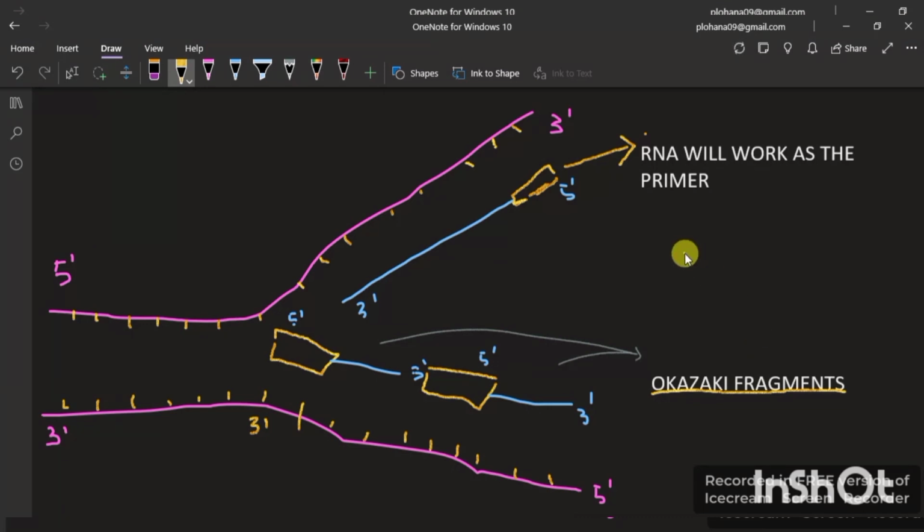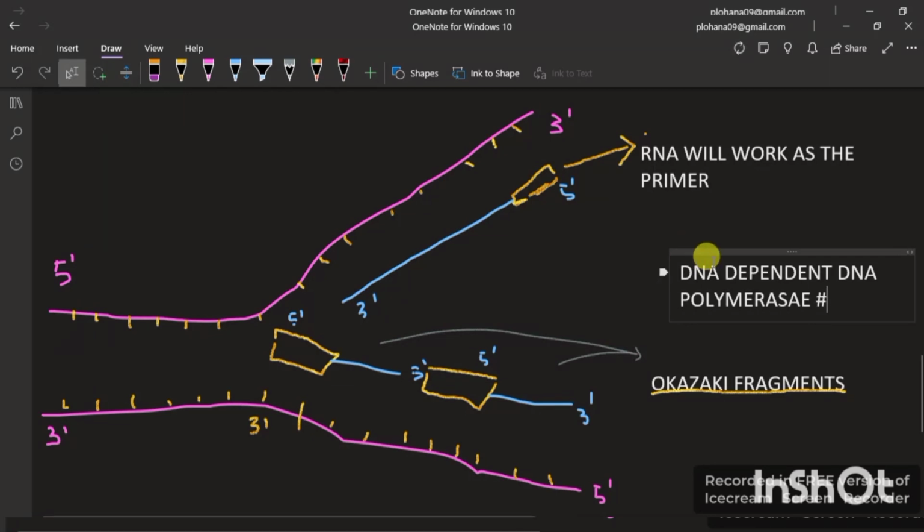Now an enzyme will come. DNA dependent DNA polymerase 1 has worked now. Now we have another enzyme, DNA dependent DNA polymerase 3, that will come now. Alright, now what will it do? It has some activities.